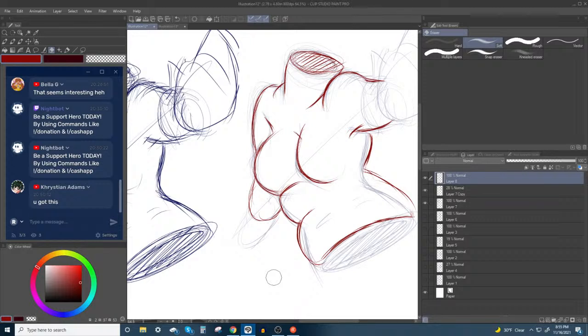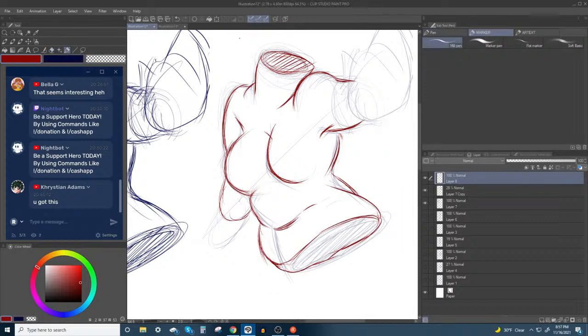The chubby girl's stomach is going to be like this in most cases, because that indicates the belly is overlapping the stomach. That's how you can tell.